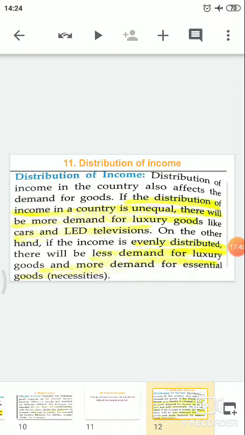Now, if this income is unequally distributed, that means only a few rich people have lots of money with them, then they would demand more for luxuries. So, in that case, demand for luxury good would increase. But if the income is evenly distributed, that means equitable distribution, almost everybody is getting the similar type of income, then in that case, demand for necessities would be more.